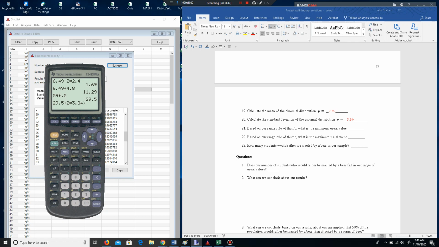Oh, I didn't mean to put the parenthesis. And 29.5 minus 2 times 3.84. So 21.82 is a low value. 37.18 is a high value.